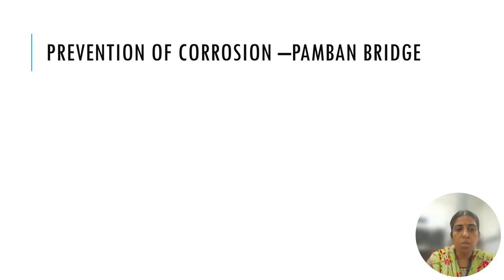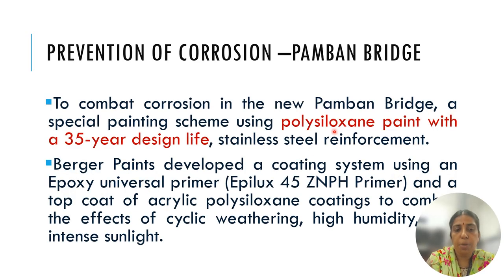Here, experts have suggested protecting the Pamban Bridge by using a special painting scheme which has a lifetime of 35 years. They are using a newly developed polysiloxane paint, developed by Berger Paints, where they use a universal epoxy primer followed by a coating of acrylic polysiloxane paint to increase the lifetime of the bridge.